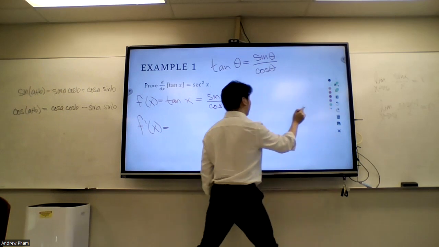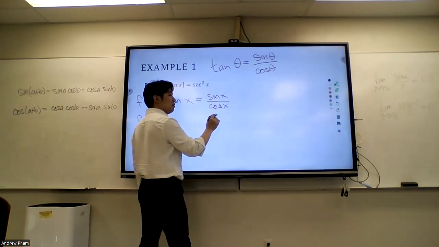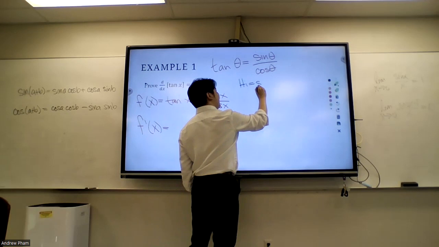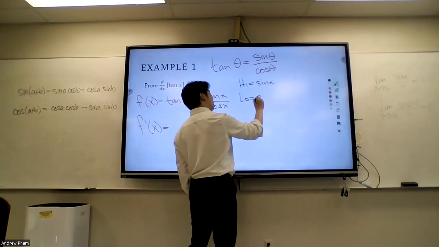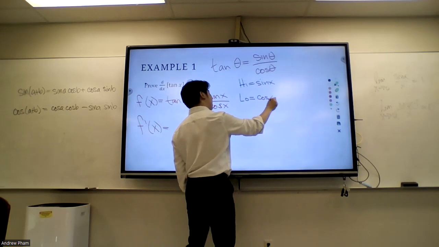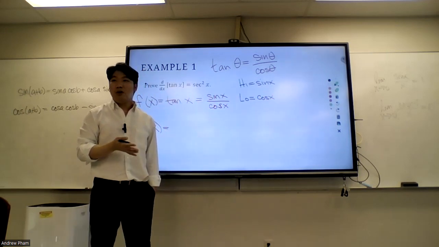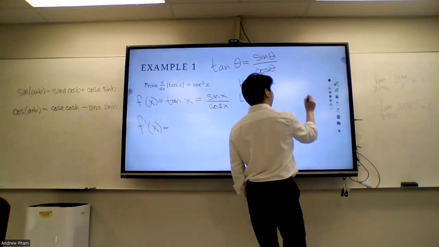If I'm using quotient rule, what's my high from here? In other words, what's the top? If my high is sine of x, what's my low? Yeah, in this case, my low is cosine of x. I know for quotient rule, I'm going to be taking the derivative of each of these individually, so let's go ahead and write them.